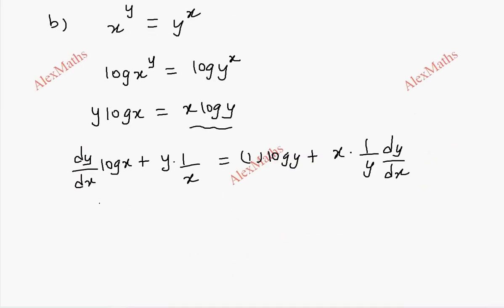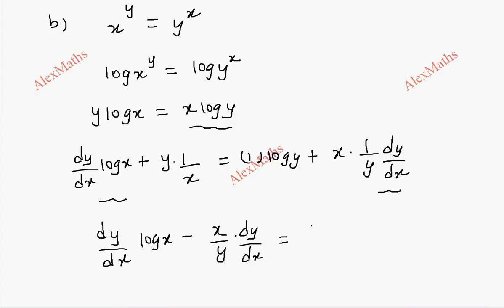Now by grouping the dy by dx term to one side, we get dy by dx into log x minus x by y into dy by dx, and on the other side it is log y minus y by x.